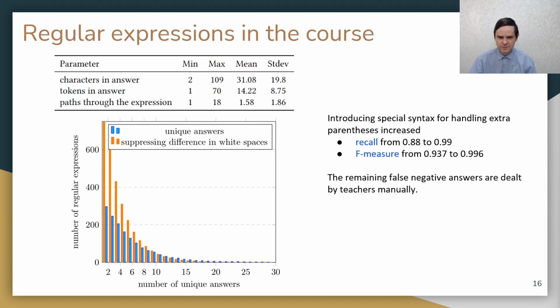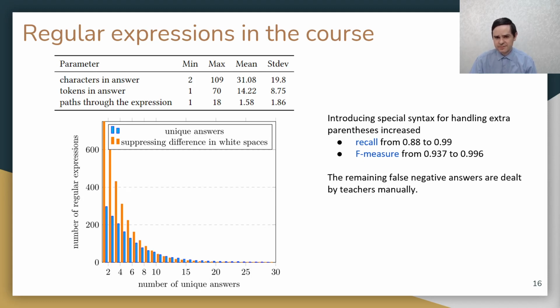The first part of our study concerned studying the regular expressions used and answers to them. Most of the regular expressions have low numbers of alternative variants, the mean is less than 2, but some had up to 18 significantly different ways to answer them, not counting white spaces and other minor changes.